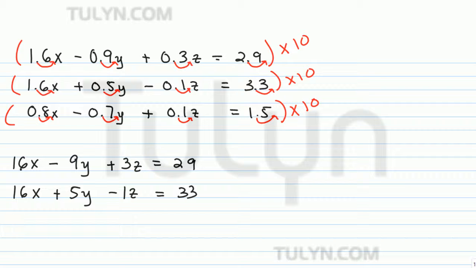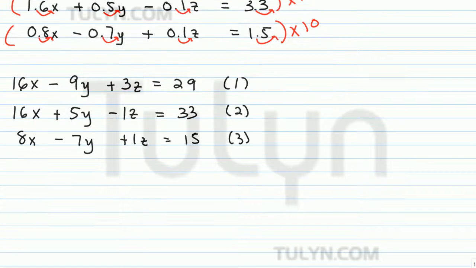And then finally we get 8x minus 7y plus 1z is equal to 15. So now this is our new and considerably much nicer system of equations that we can solve as usual.